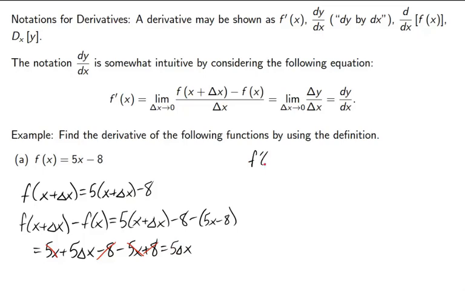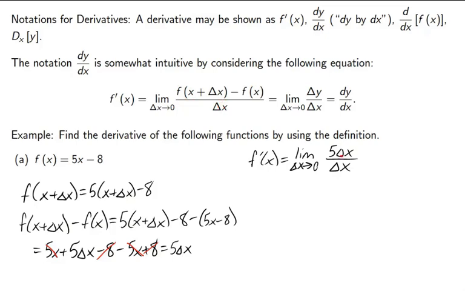Here's our definition. f prime of x equals the limit as delta x approaches 0 of the value that we just got. The f of x plus delta x minus f of x was simply 5 delta x over delta x. So there's your formula. You've got this delta y over delta x.